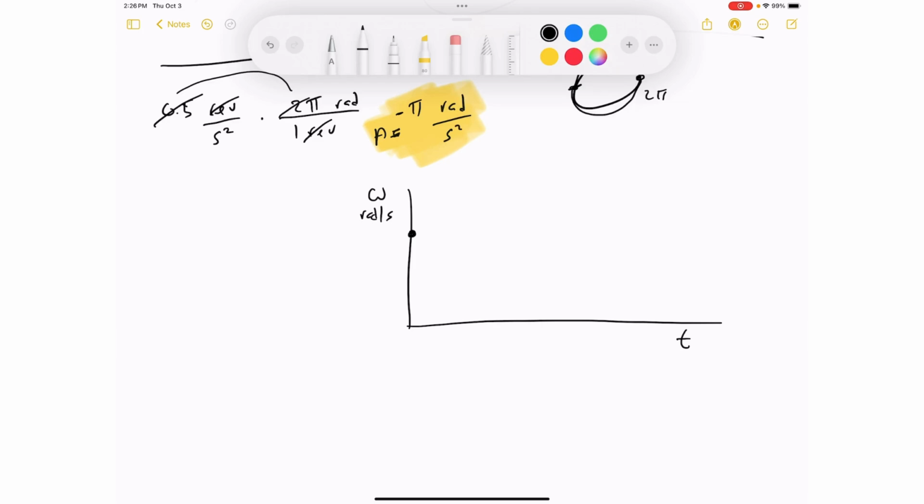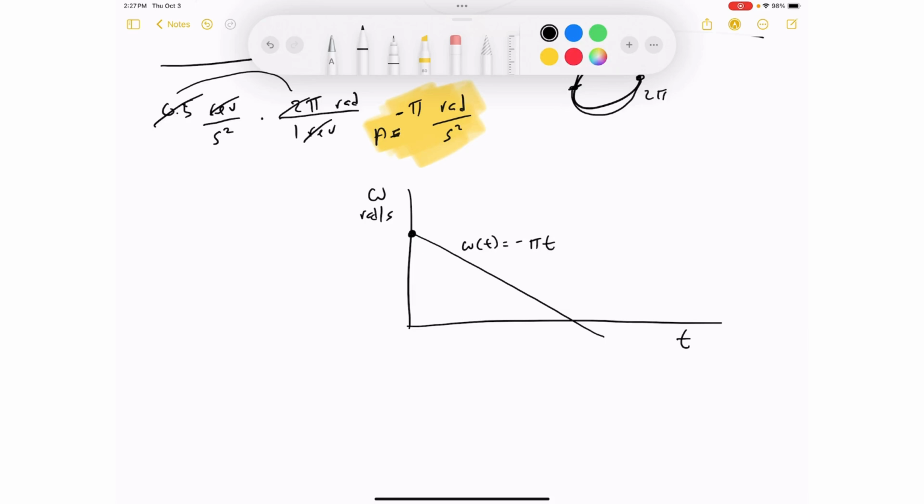And how is it slowing down? Well, it's because acceleration is slowing it down. And is acceleration constant? Yes, it's constant. So we can just make this a line. And what's the slope of this line? Well, it's negative pi. So I can say that omega, as a function of time, is negative pi t.